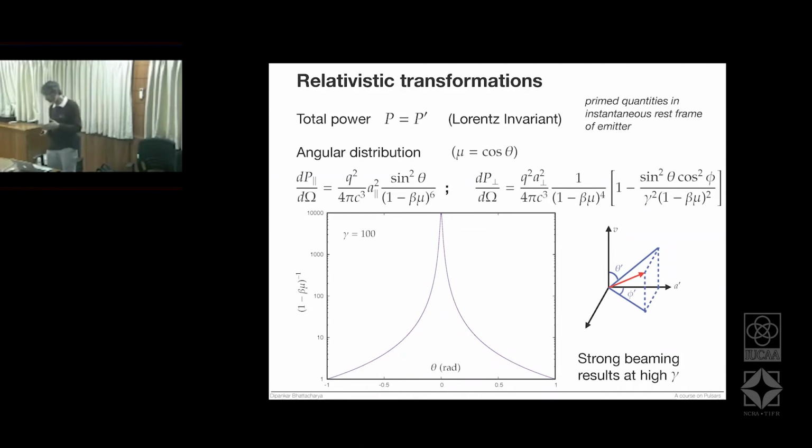So you see here we're talking about acceleration perpendicular to velocity. The acceleration provides one axis, velocity provides another axis.